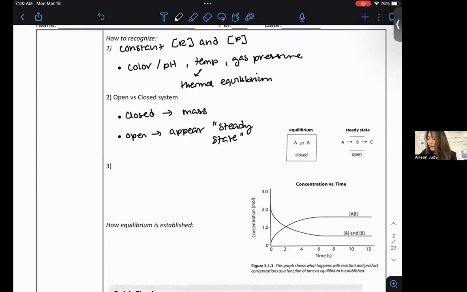When trying to determine equilibrium, we as chemists prefer the closed system for conducting equilibrium-based reactions, because that's easier for us to identify. Open systems are a little bit harder.